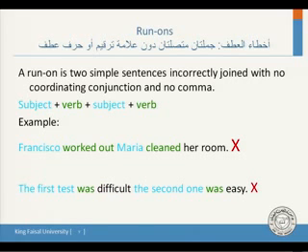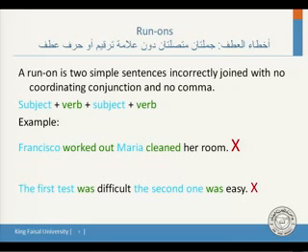This is another mistake or error. The first test was difficult. The second one was easy. This is not correct. We have two simple sentences, but we don't have anything in between them.